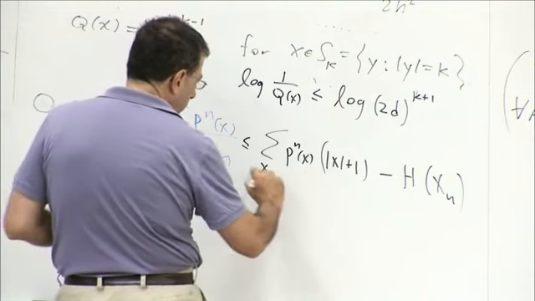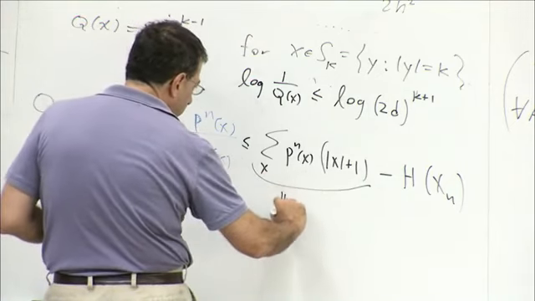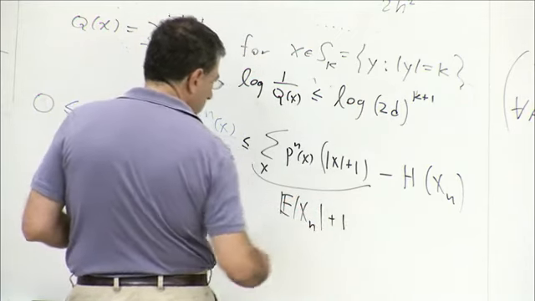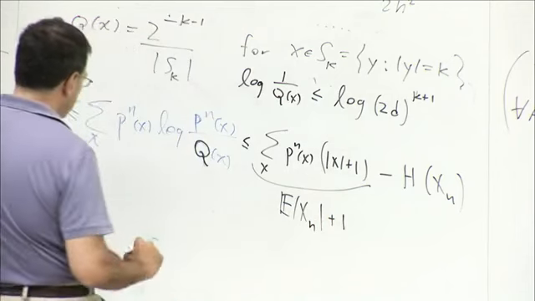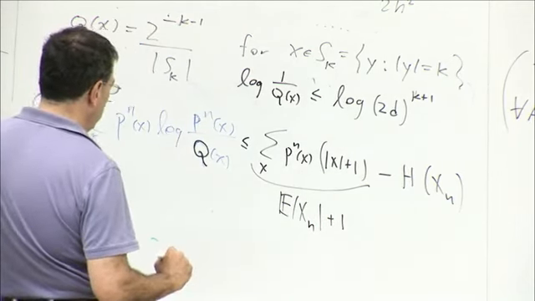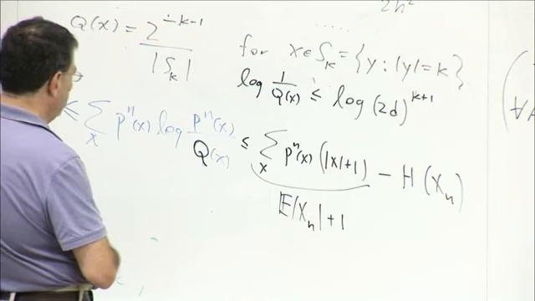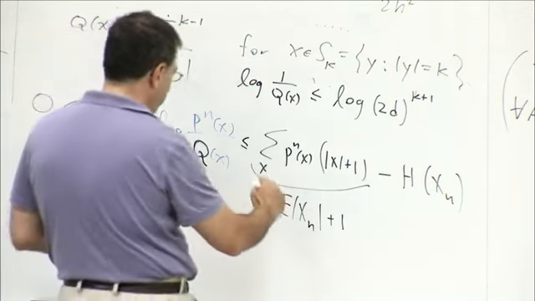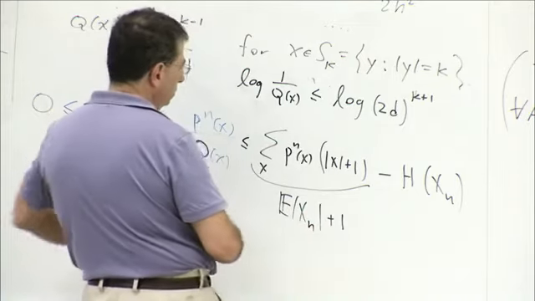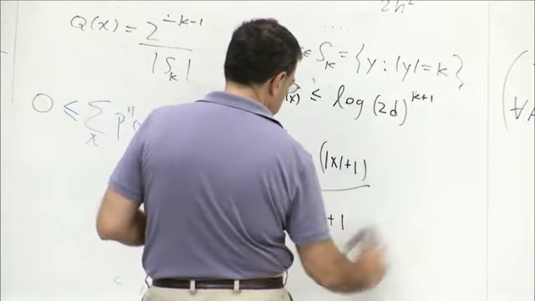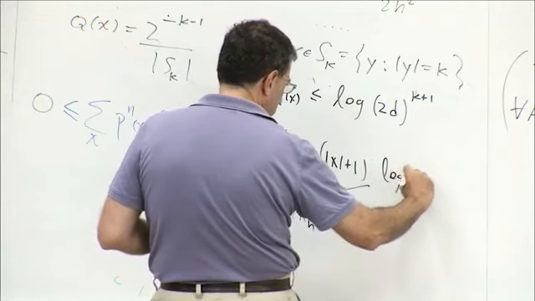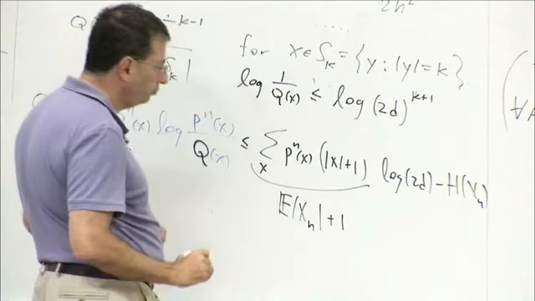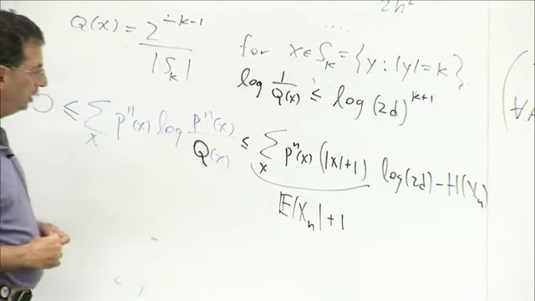So what you have here is just the expectation of |X_n| plus 1, minus the entropy. I missed the log 2d factor, but that's all we need.